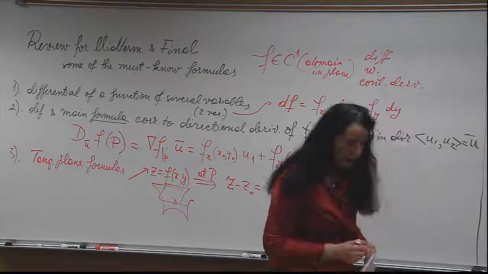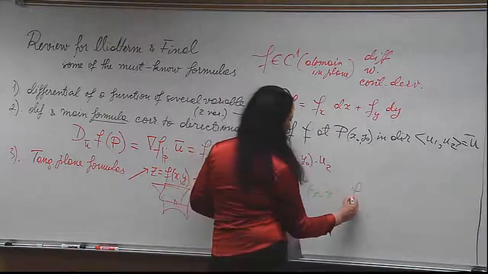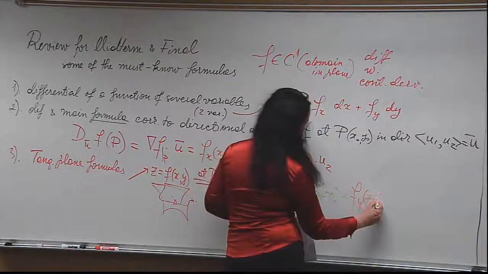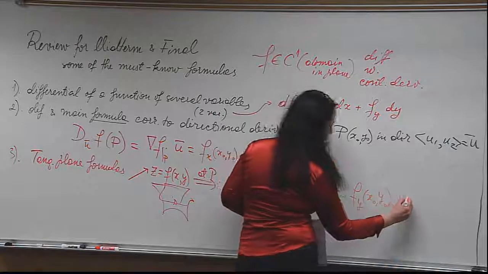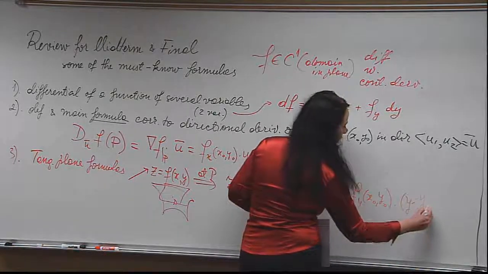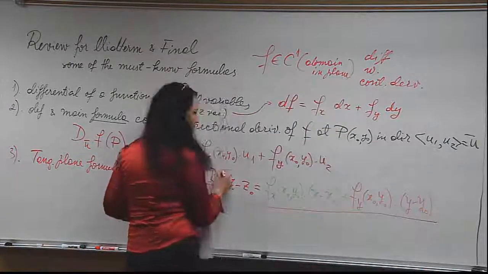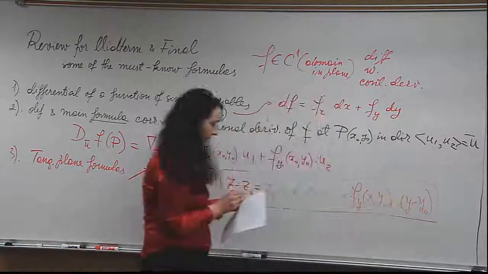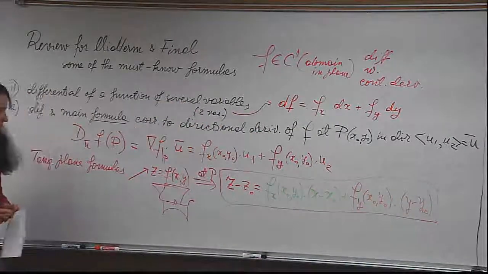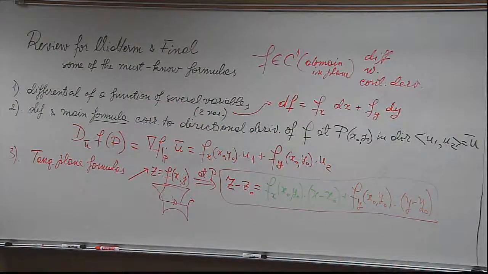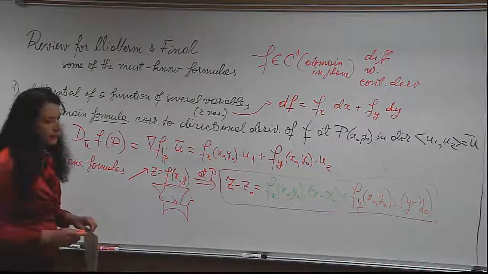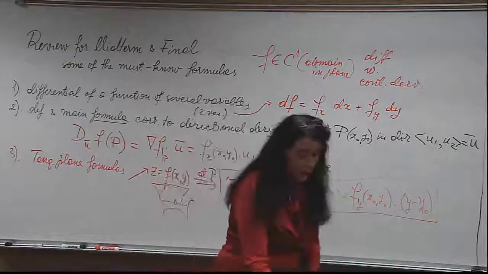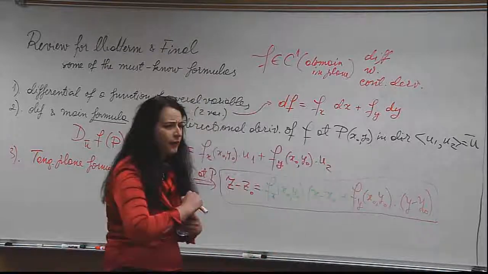How about orange? F sub y at x0, y0 times y minus y0. Better not come to the midterm and get a 0 than not knowing the formulas, right? Now, maybe you will see it on this midterm, maybe not. Maybe you see it on the final.